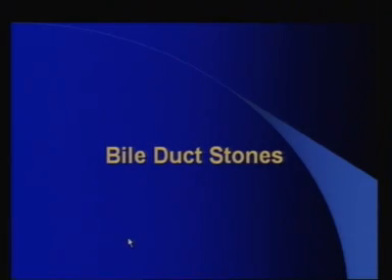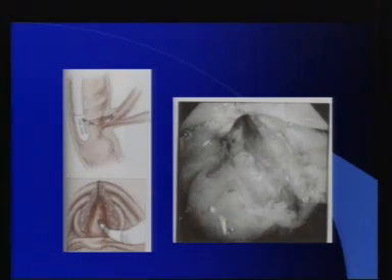Now we'll look at some aspects of bile duct stones and what is the best way of dealing with them, what are the various things available in the armamentarium. Now this is endoscopic retrograde pancreaticography, and after an endoscopic retrograde cholangiography, you introduce a papillotome and do a papillotomy.